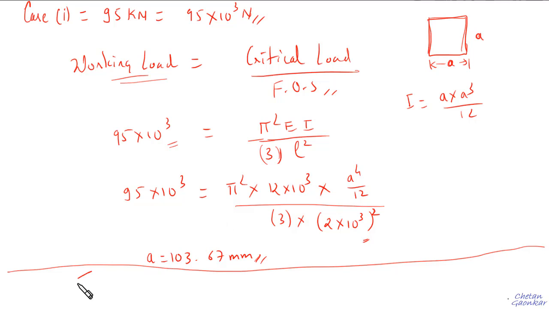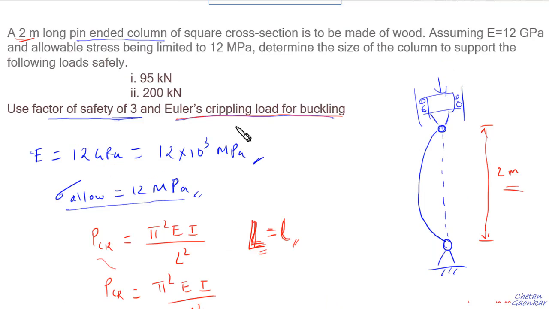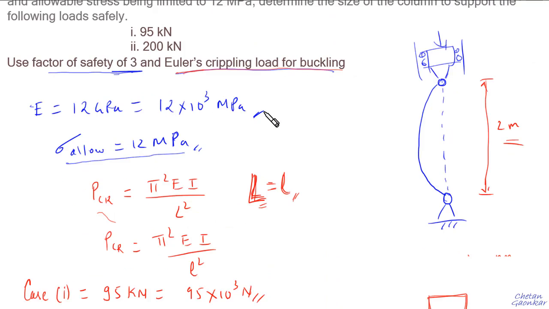How to check for its dimension for a crushing load? We know that the crushing stress sigma C multiplied by A, that is the crushing stress multiplied by area, should be equal to the applied load, that is 95 kilonewton or 95,000 newton, right? But the crushing stress here or the allowable stress is given as 12 megapascals.